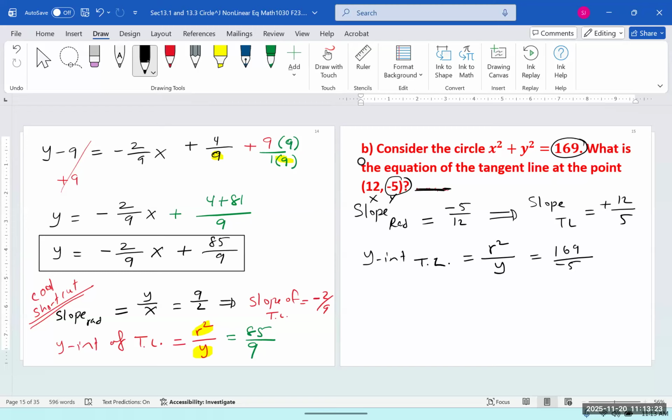Why not? Because the y-intercept for the tangent line is this number divided by y. The equation of the tangent line is y equals 12/5x minus 169/5.